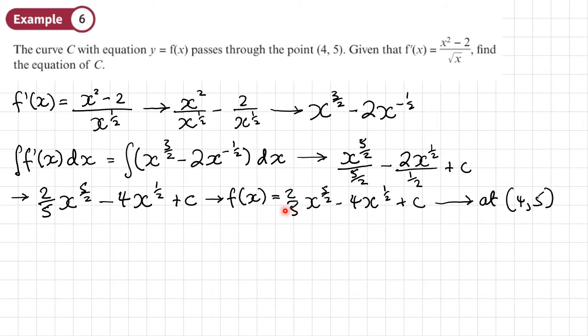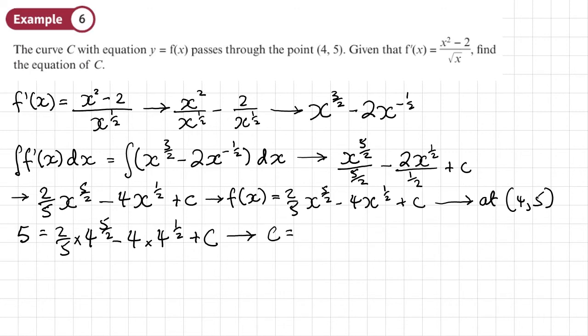So 5 is what f of x is going to be, or like y. So 5 equals 2/5, and then x, which is now 4, times 4 to the power 5 over 2 minus 4 times 4 to the half plus c. So we'll just rearrange this to find c.